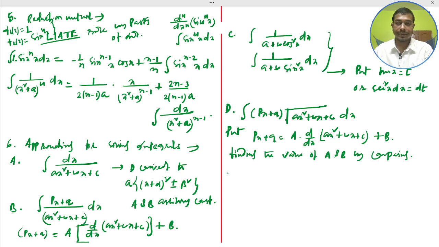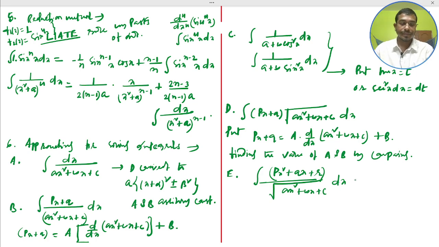Now next, form number 5, (px square plus qx plus r) divided by root of (x square plus bx plus c) dx.